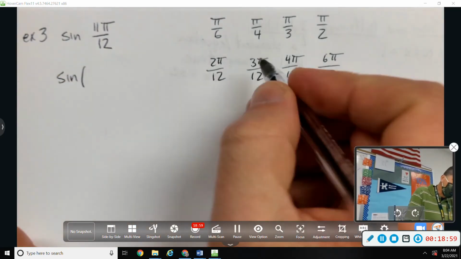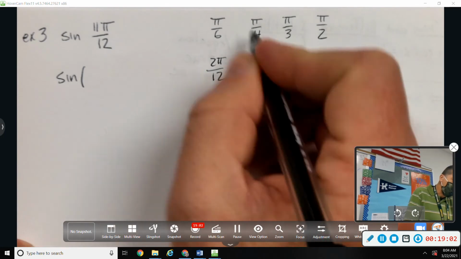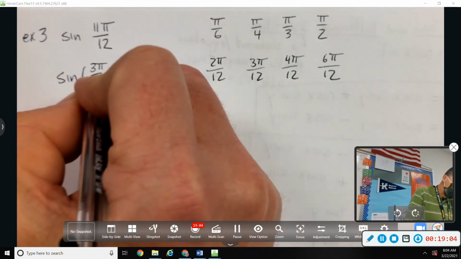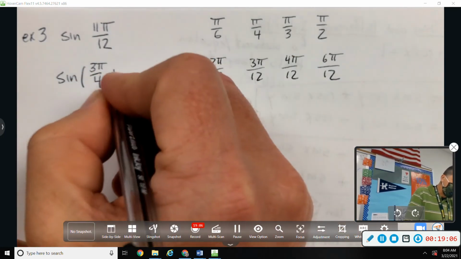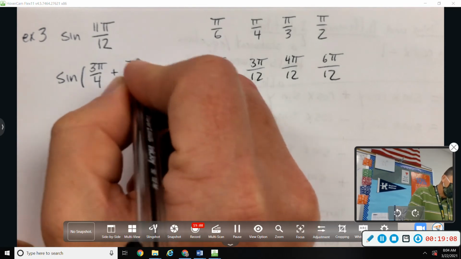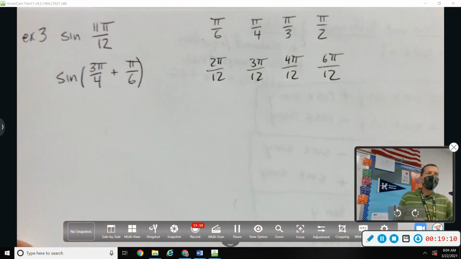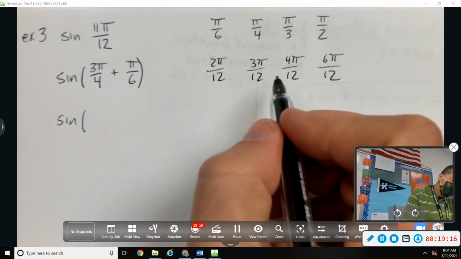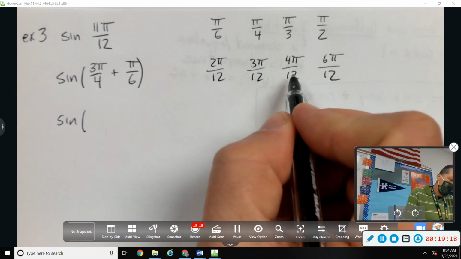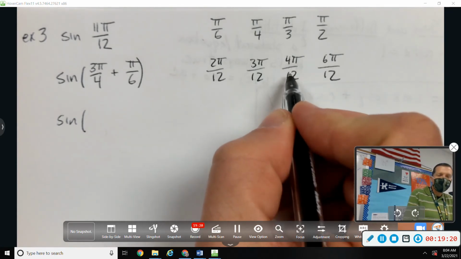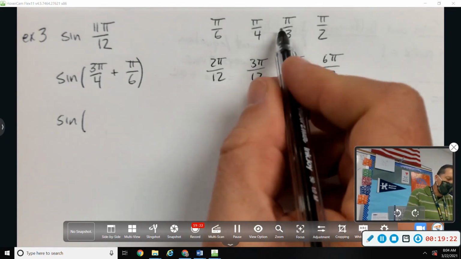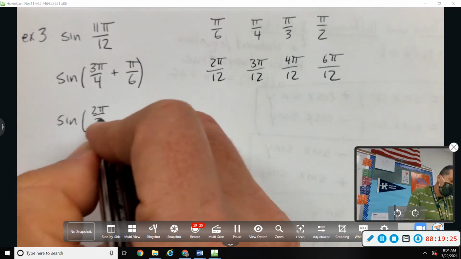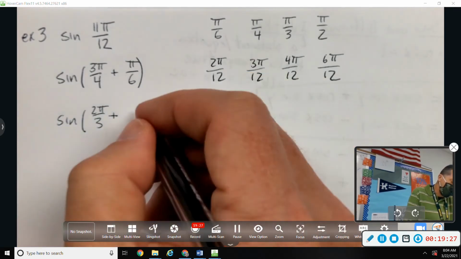So Andrew's suggestion was 3 of these guys, because that would get me to 9, plus 2 would get me to 11. So I could do that. What was another way you saw? I said 4 pi over 12 and 8 pi over 12. Okay, so 2 of these would make 8, and 1 of these would make 11. So I could do 2 pi over 3 plus pi over 4. Mine's simpler.